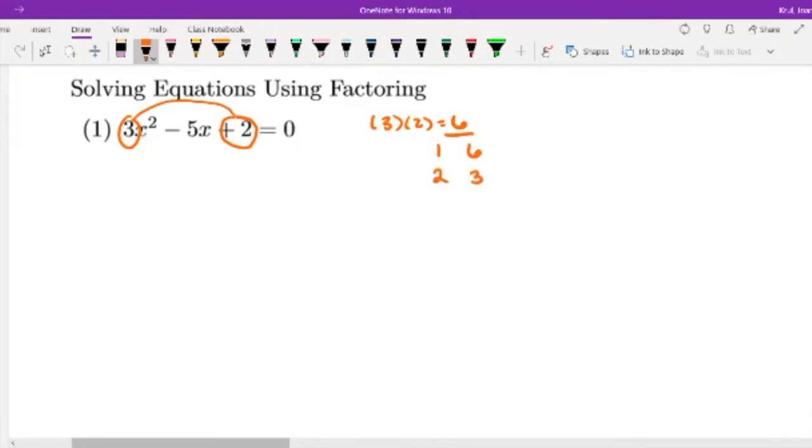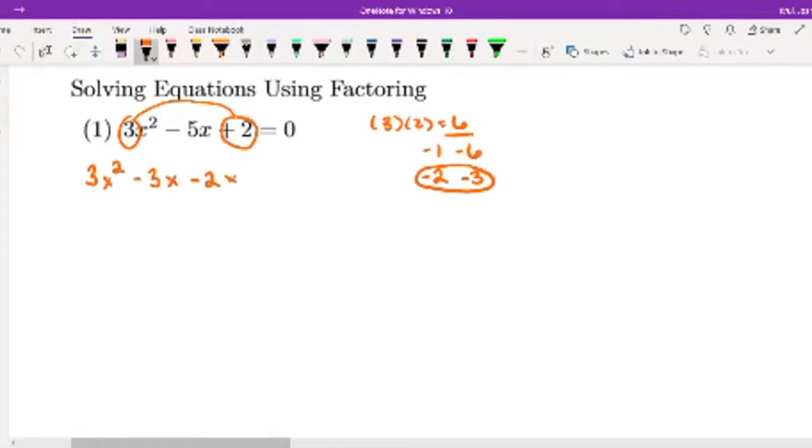In this case, we're looking at -5, so we know that everybody's going to be negative. So the ones that match up are -2 and -3. So when we rewrite the quadratic, we replace the middle term with the -3 and the -2. And remember to continue setting it equal to 0 all the way through.